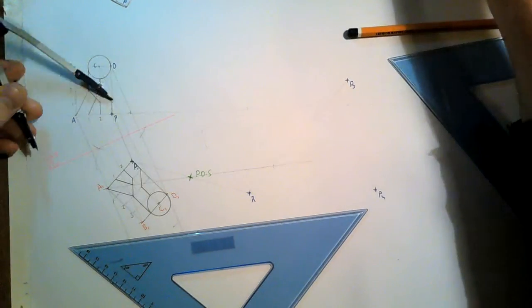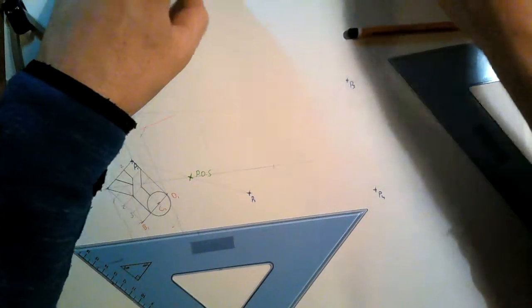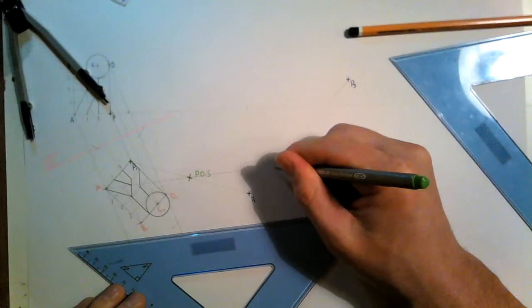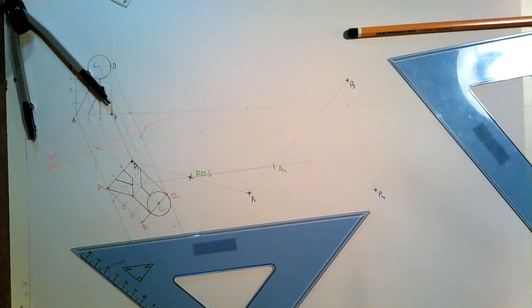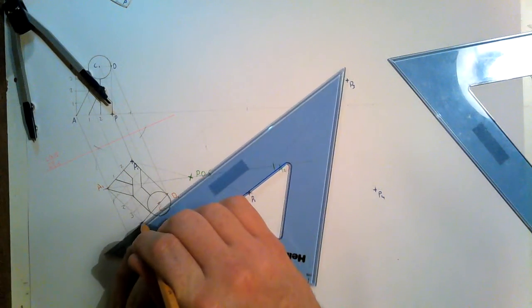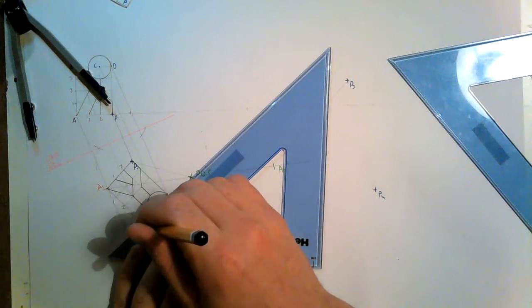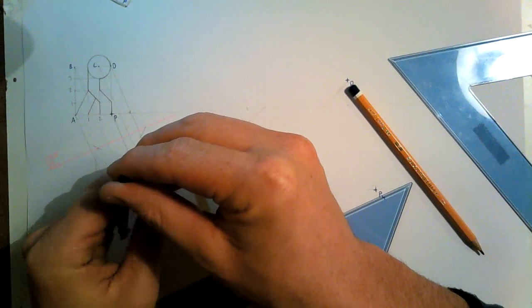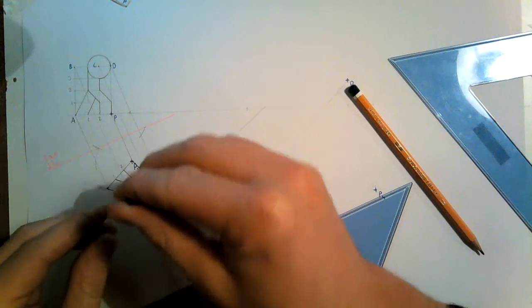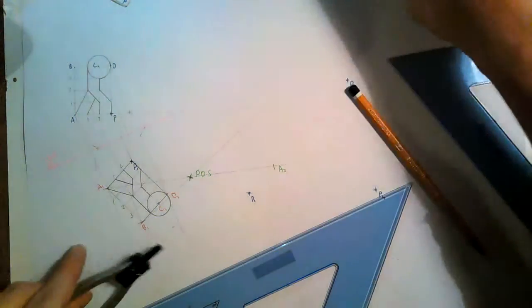Swing your arc. That now gives us A2. Okay, B2 now goes through point of symmetry, point the compass on POS, mark off B1, that gives us B2.